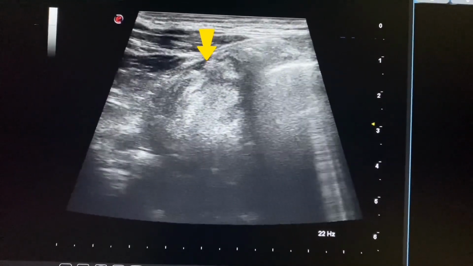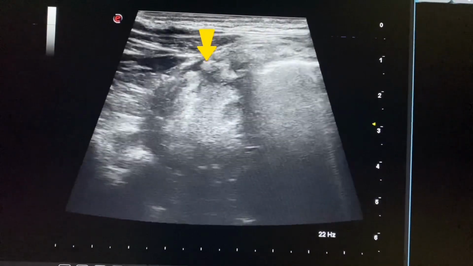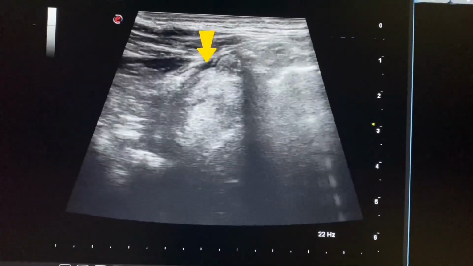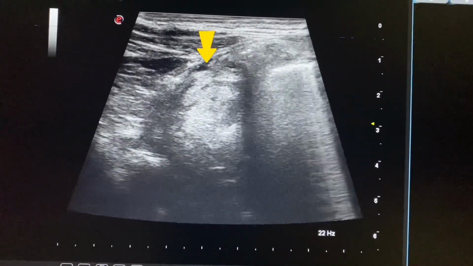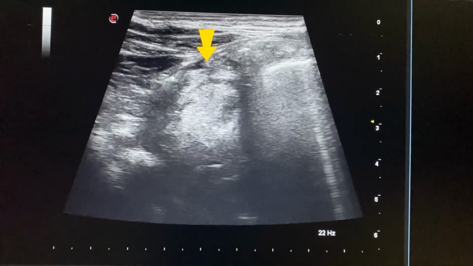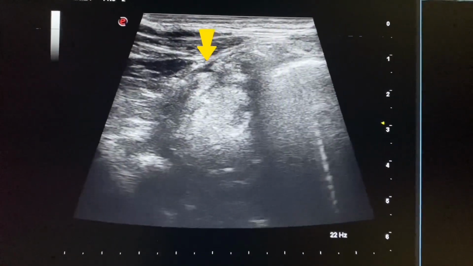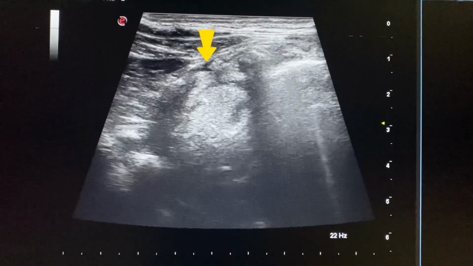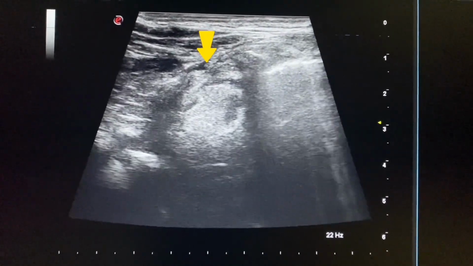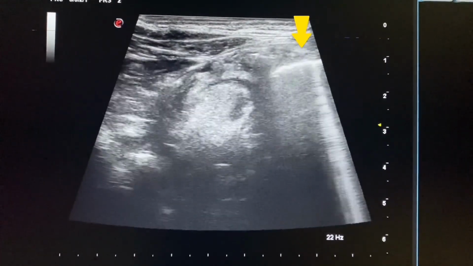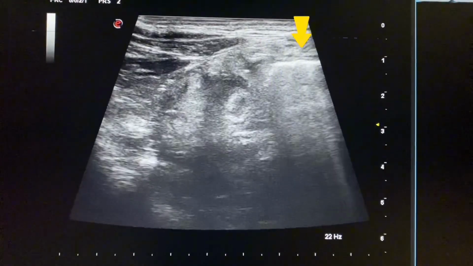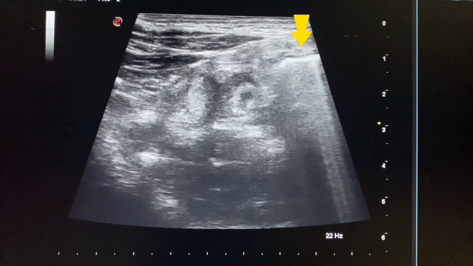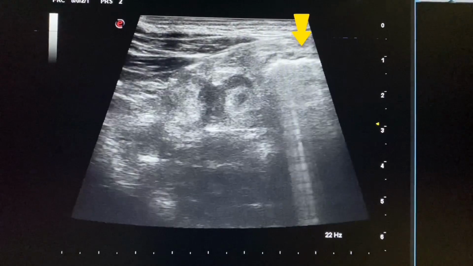The submucosal layer of the cecum is inflamed, more echogenic and prominent. It shows that the cecum is more inflamed, but the distal ileum walls appear to be normal and not visualized.